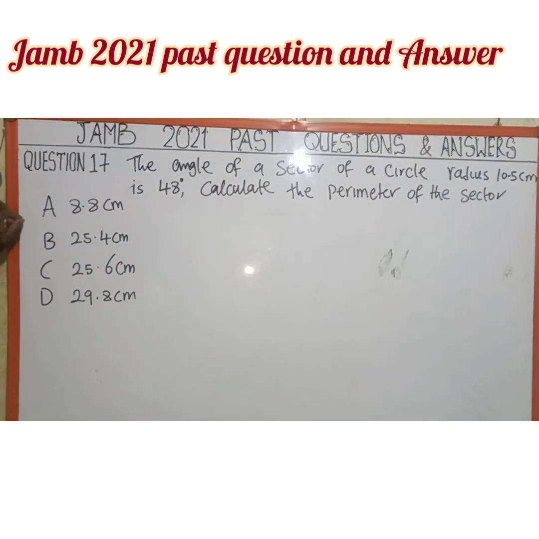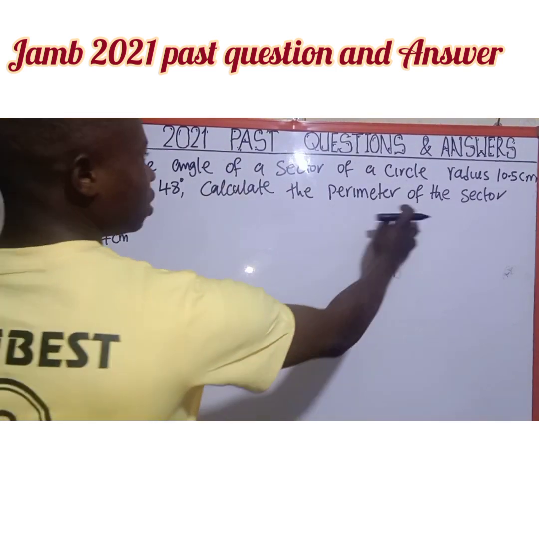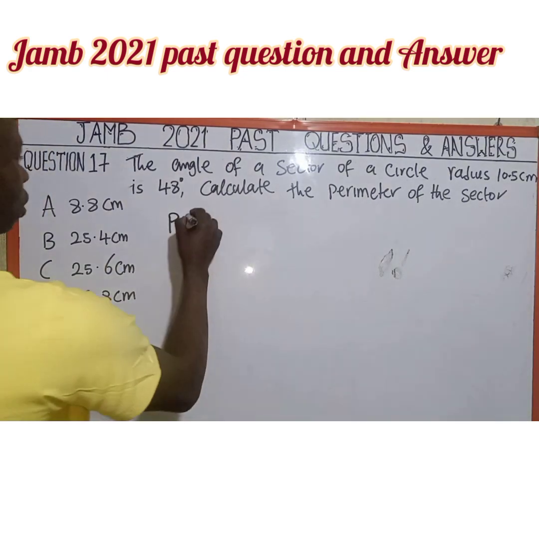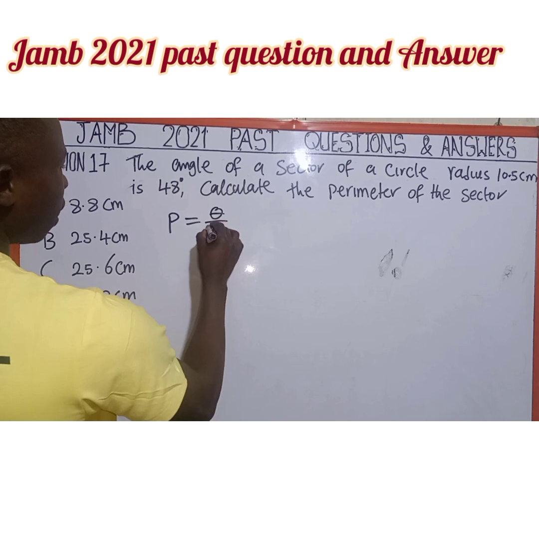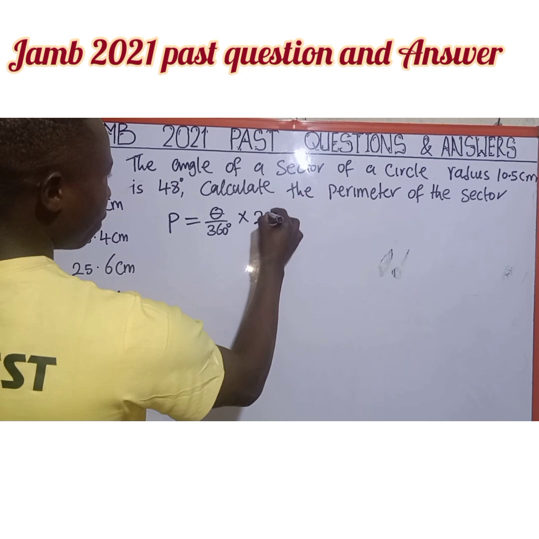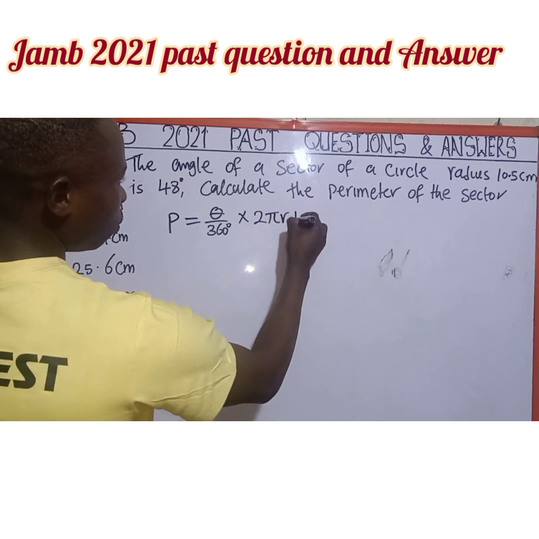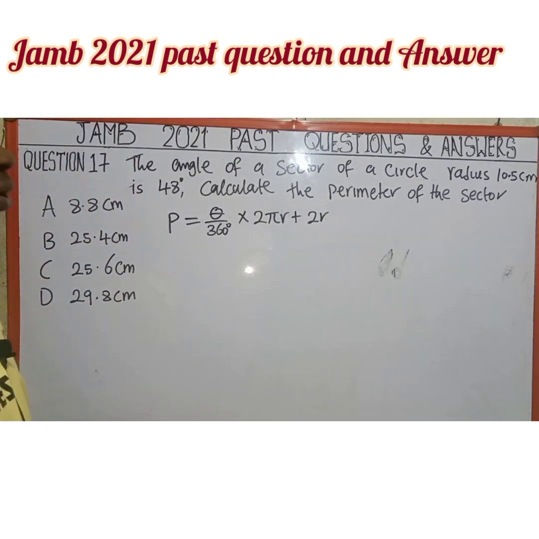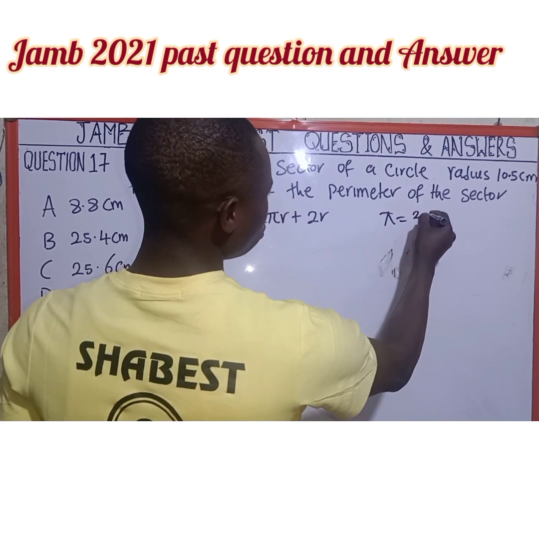So we are given these available options A to D. And remember, a sector is just a portion of a circle. So the formula used to calculate the perimeter of a sector, remember perimeter is denoted as capital P, is equal to theta over 360 degrees, then multiply by 2 pi r, then plus 2 multiplied by r, where r implies the radius of the sector of a circle, and pi is equal to 22 over 7.